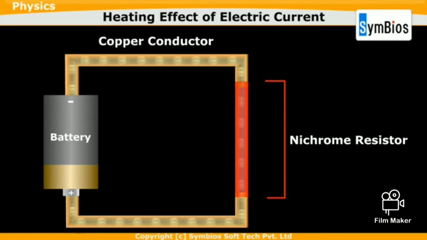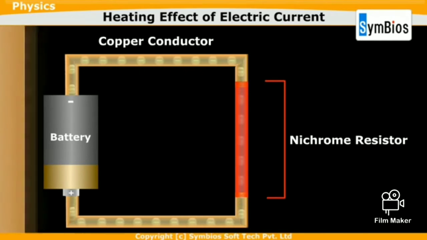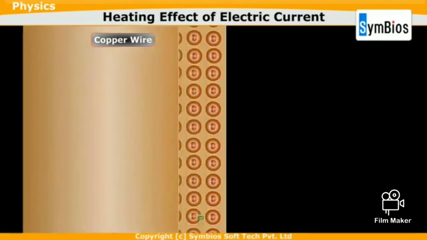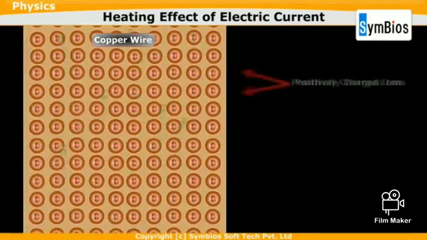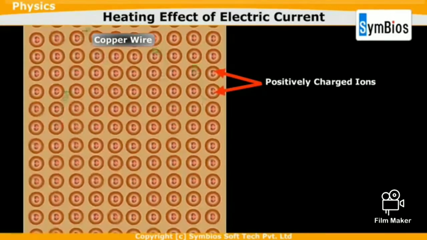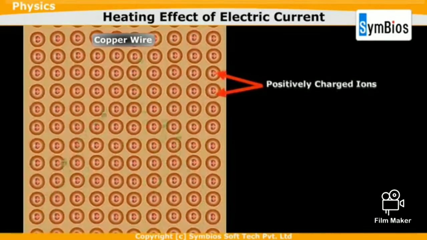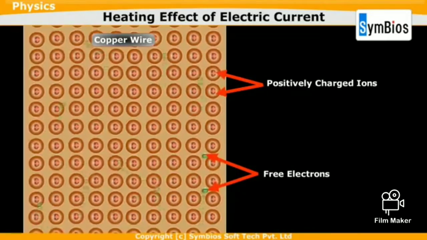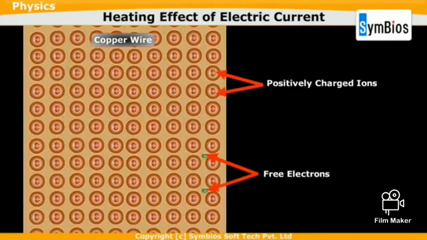To know why this happens, we have to compare the structures of the materials. The copper wire has a network of positively charged ions, that is, the atoms which have lost their electrons. These ions can vibrate, but they cannot move freely. Then there are a large number of free electrons which can move freely.